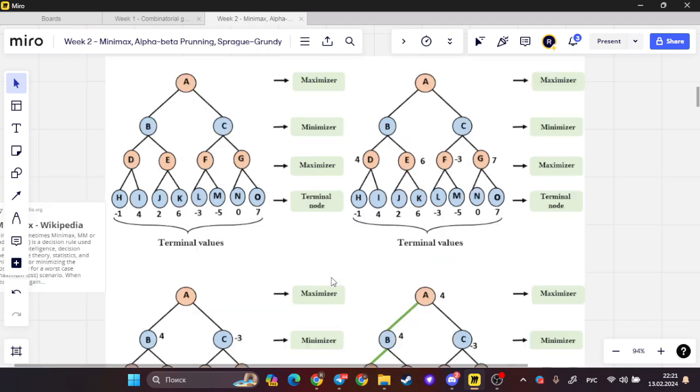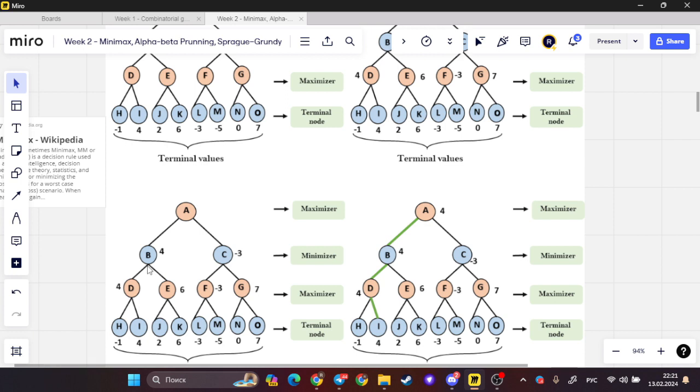The second player wants to minimize it. We take the minimum for this, and so on, and so on. We take, and we find some strategy to win.